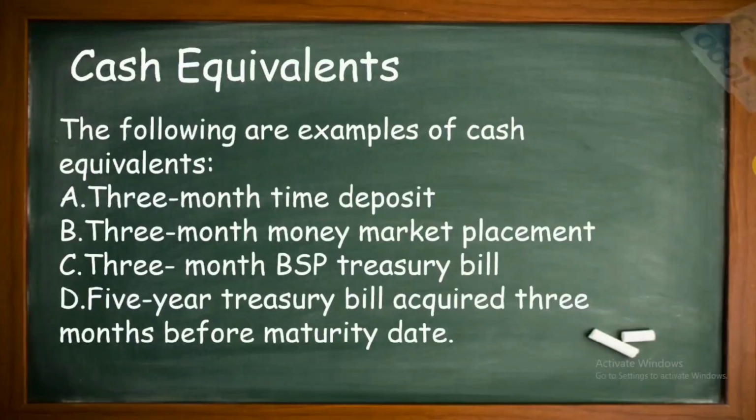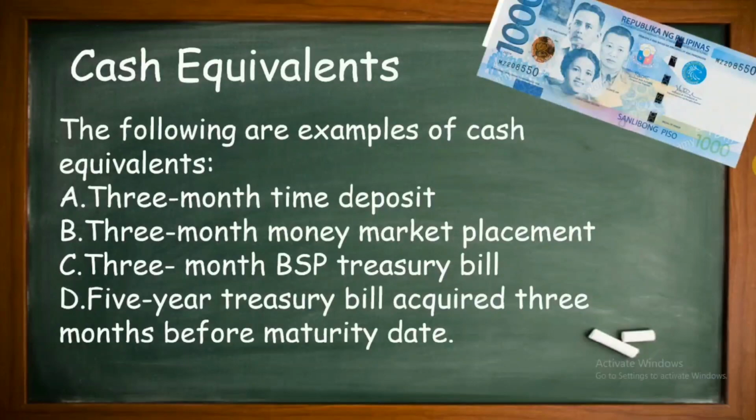Halimbawa, meron tayong excess na 1,000 pesos. Since na-excess ang cash, pwede nating itong i-invest para ma-earn ng interest income. Pwedeng i-deposit sa 3-month time deposit. So, kapag ang 1,000 pesos ko ay dineposit ko sa 3-month time deposit, ibig sabihin, itong 1,000 pesos na ito ay hindi pwedeng galawin o i-withdraw sa bangko for 3 months.